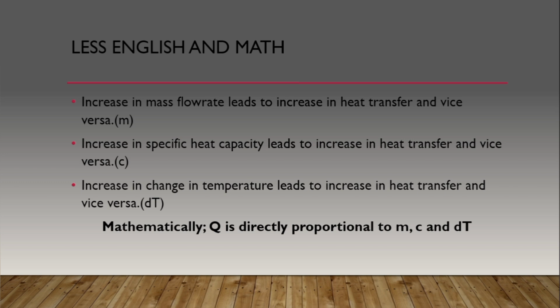It doesn't change that much. It's something mostly constant. But majorly, the two major things we should look after in the heat exchanging process are our change in temperature and the mass flow rate to significantly affect our heat energy transfer from one fluid to another, from one stream to another.